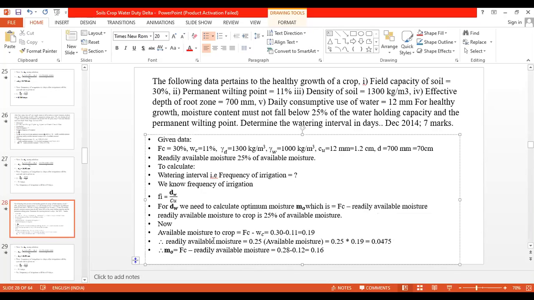This is the readily available moisture, meaning without any additional suction force, the crop will be able to absorb that moisture.